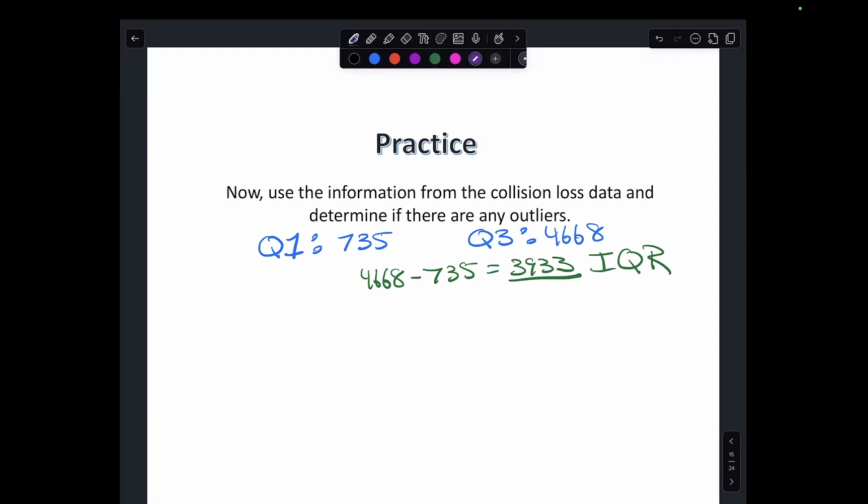All right, so to find my lower fence, I'm going to take my Q1 minus 1.5 times 3933. This number is going to be a negative, and obviously it's a weird number.